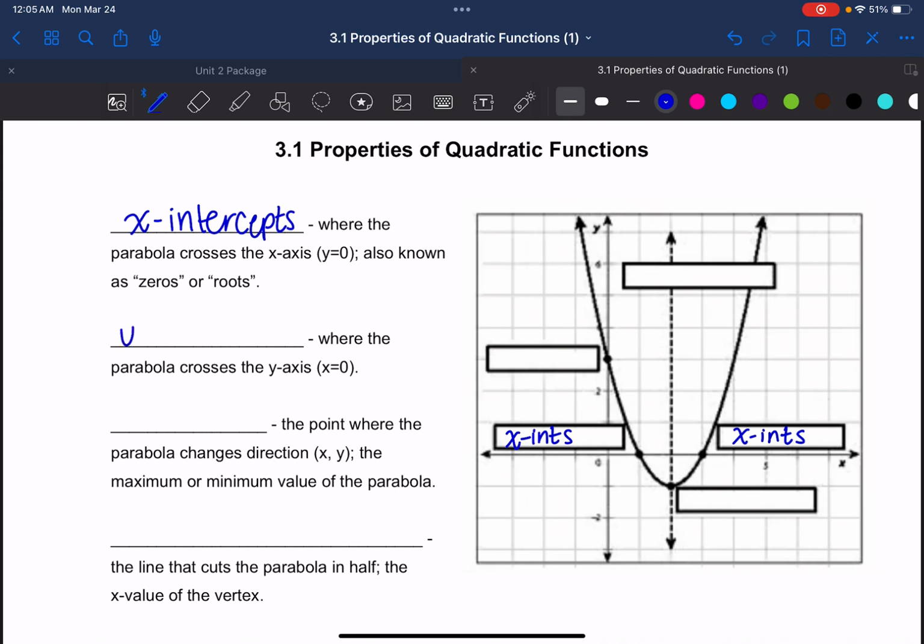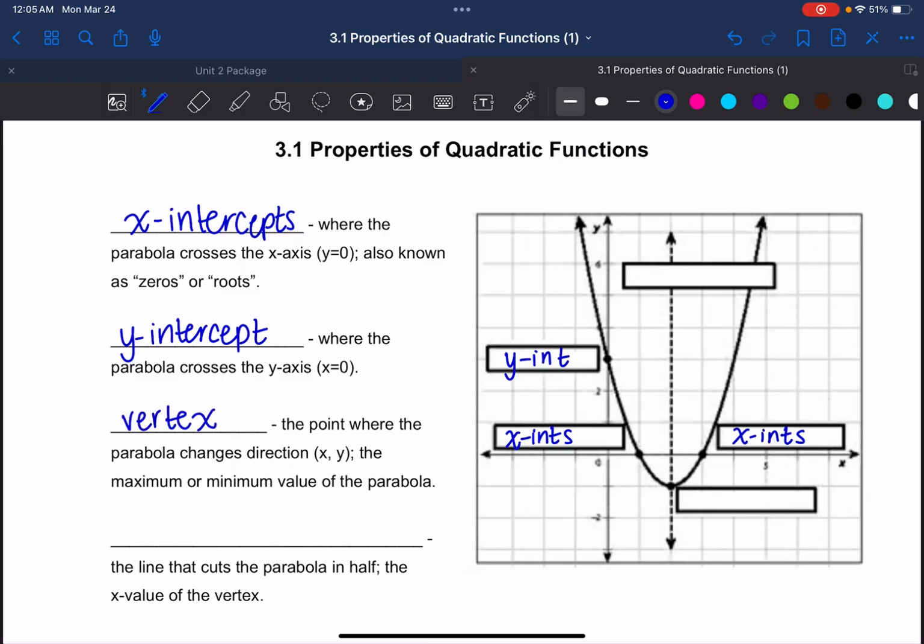Next up, we've got our y-intercept. This is really similar to the x-intercept in the sense that this is where the parabola is crossing the y-axis, or where x is equal to 0. So right here is our y-intercept. Then we've got our vertex.